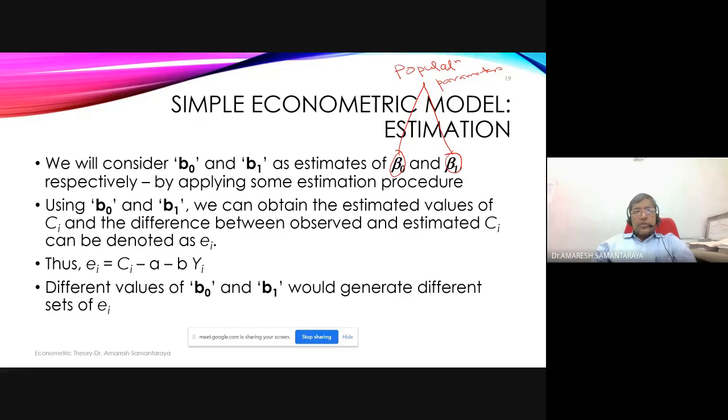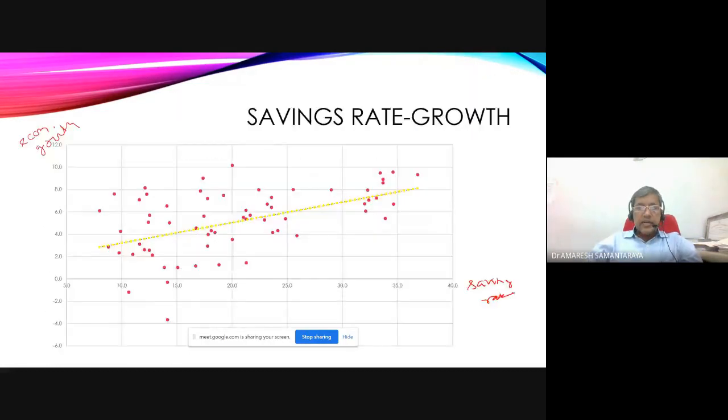So your population may be several billion, but you are not able to collect data for all of them. You may be collecting data for maybe 100, 200, 500, or 5 lakh, some number. And actually, you estimate this relationship for the sample only, not for the population. The examples I gave you a little earlier are actually examples for the sample.